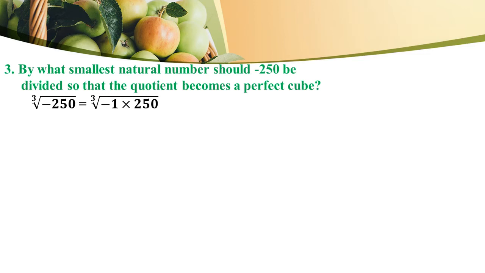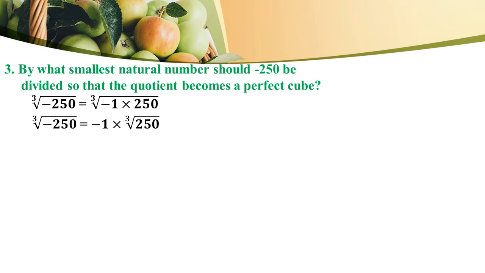Here, minus 250 is a negative integer. So, first write minus 250 as the product of minus 1 and 250. Here, cube root of minus 1, value is minus 1, into cube root of 250.